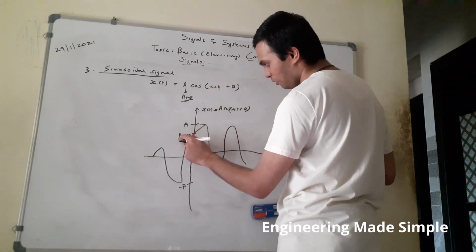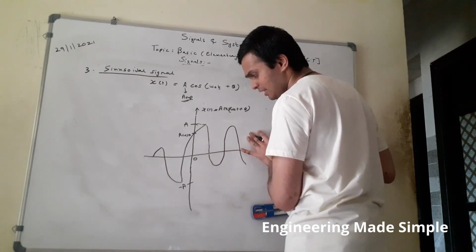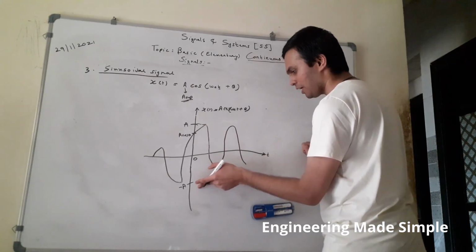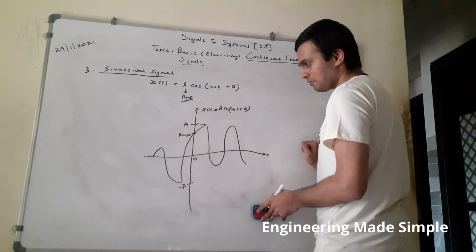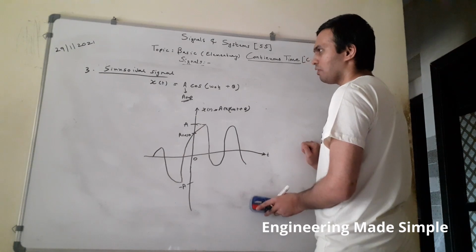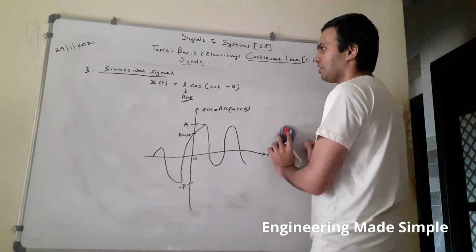So the intersection point would be a cos theta. This is how it will look, and it would vary peak to peak between amplitude minus a and plus a. So this is a very important signal from the point of view of electrical and electronics engineering, that is sinusoidal or cosinusoidal.